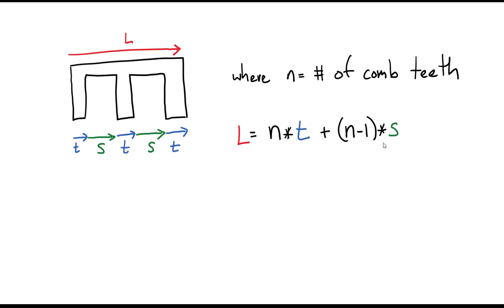We don't know s, we know L, we know t, and we should know n. So the question is, what is s? We just rearrange and solve, and now we have a function for s based on our driving dimension L. This is what we need before we can actually build the CAD.